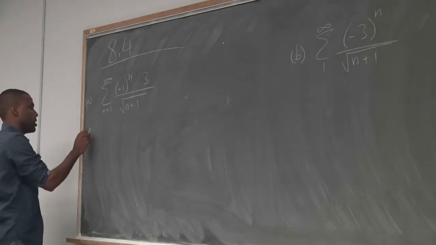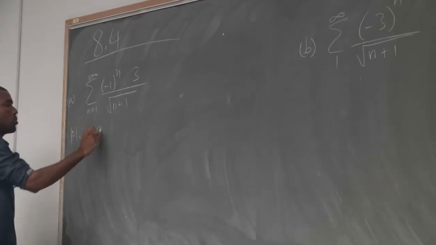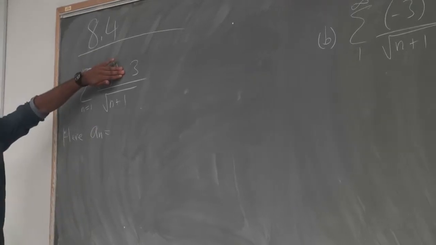Now, here, when you're looking at a_n, you pretty much ignore the alternating signs.